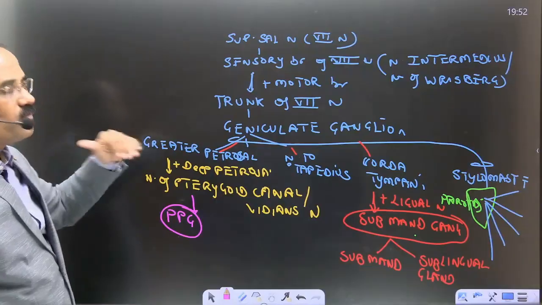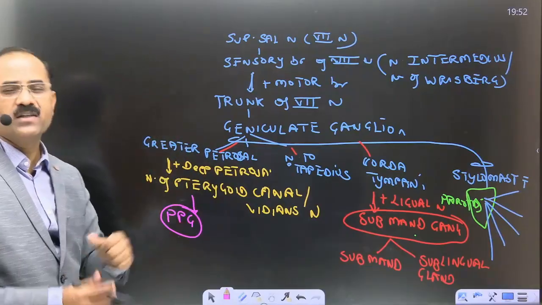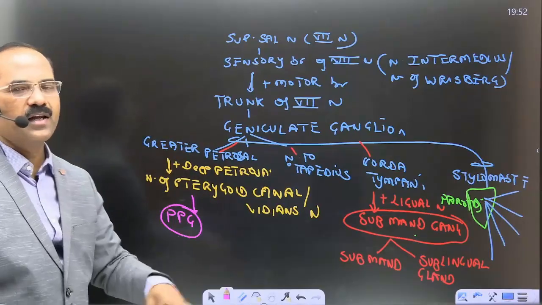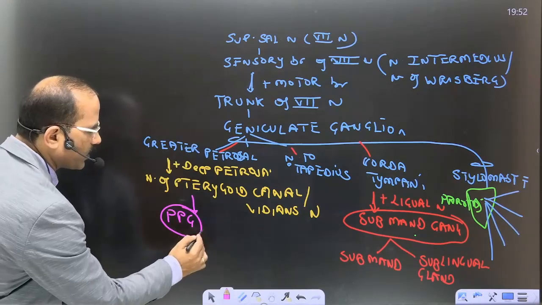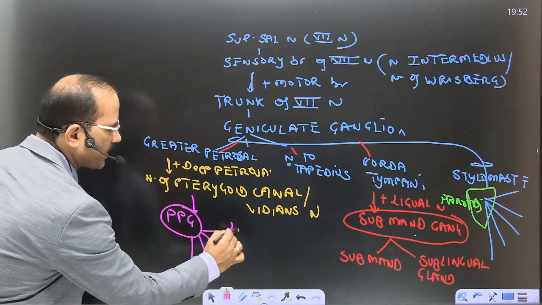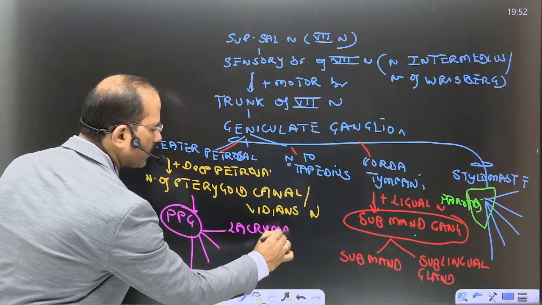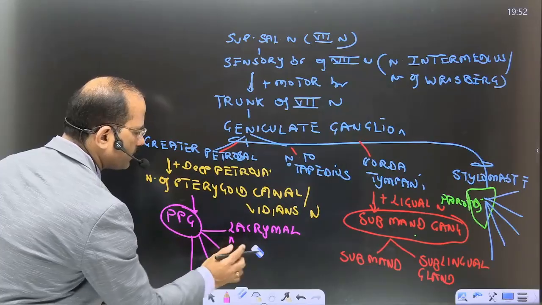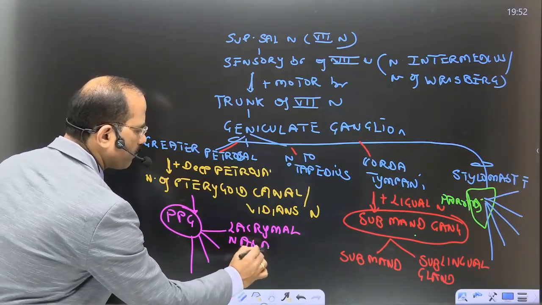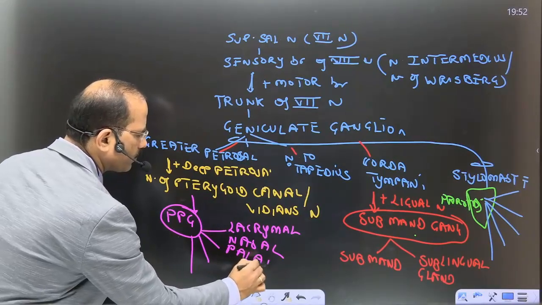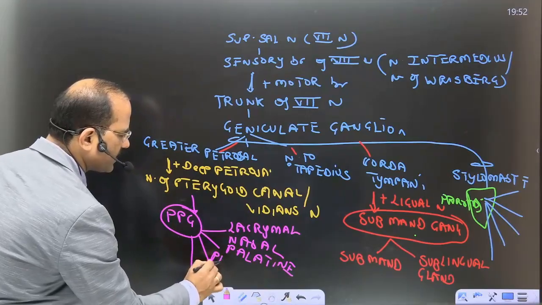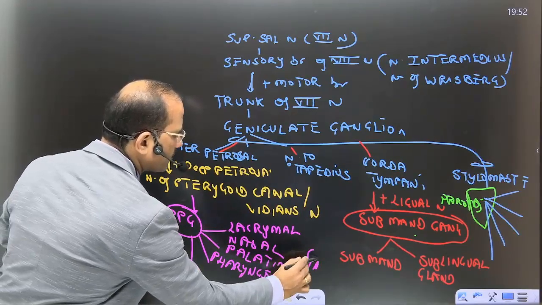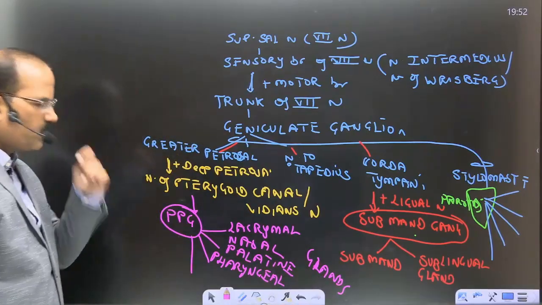So greater petrosal nerve, which is a branch of facial nerve, joins with the deep petrosal nerve, which comes from the sympathetic plexus around the internal carotid artery, forms the nerve of pterygoid canal or the Vidian's nerve, relays in the pterygopalatine ganglion, and the postganglionic fibers are now going to supply the lacrimal, nasal, palatine, and pharyngeal glands.